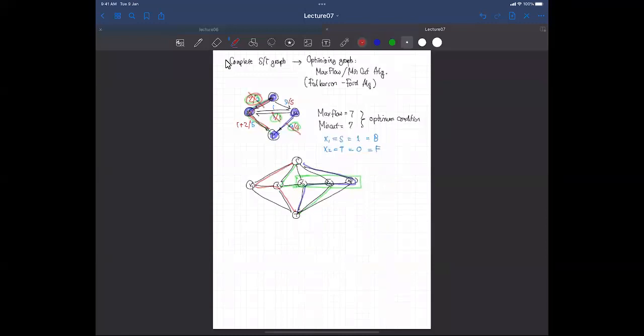Okay, any questions here? Yes. You have to cut an edge in any case.